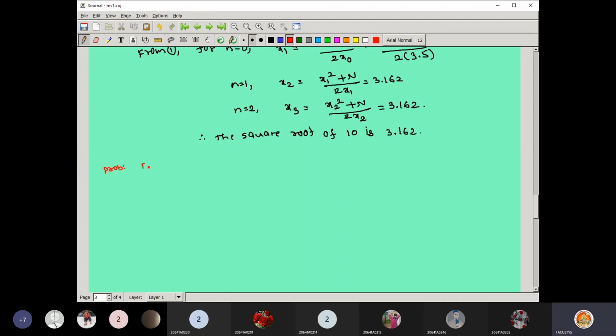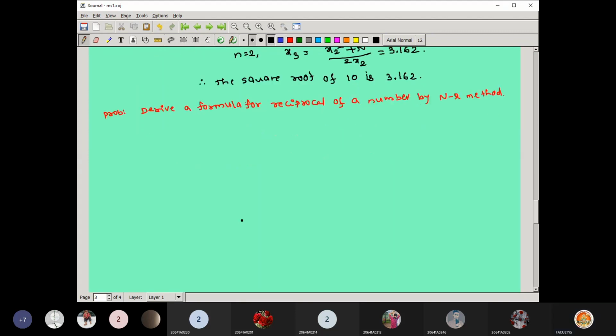Derive a formula for the reciprocal of a number by Newton-Raphson method. Just I am writing NR method, Newton-Raphson method. You know what you mean by reciprocal? What is the meaning of reciprocal?